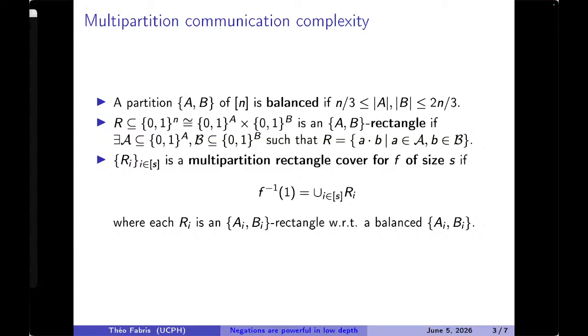A multi-partition rectangle cover for a Boolean function is a collection of subsets of the hypercube, where the union of the subsets is equal to the ones of the function, and each element R_i is an A_i B_i rectangle with respect to a balanced partition A_i B_i.